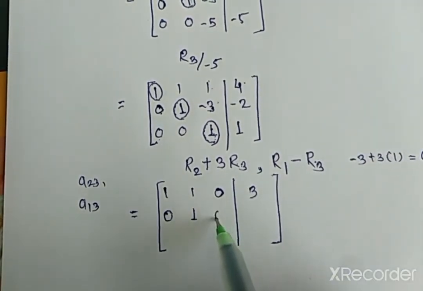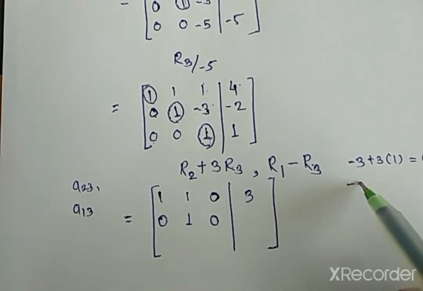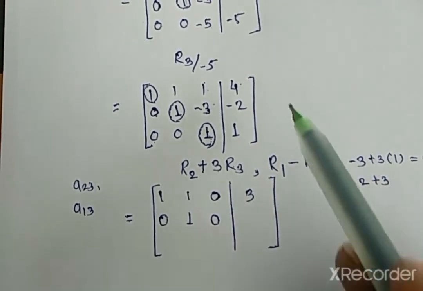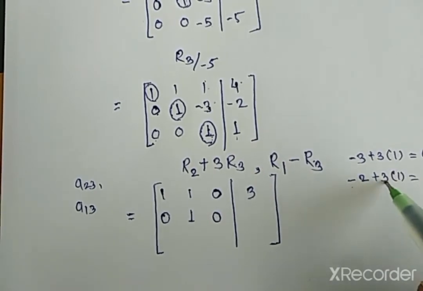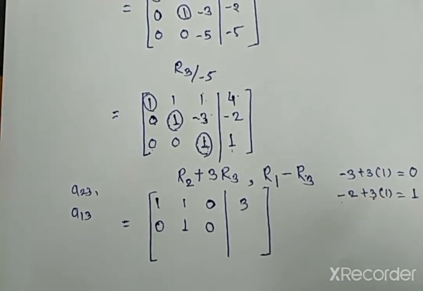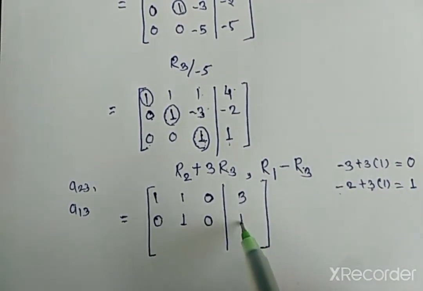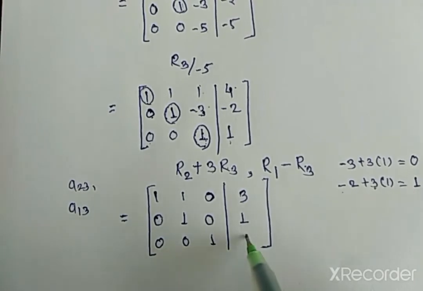Next, minus 2 plus 3 into 1, which gives minus 2 plus 3, which is 1. So here we get 1, and the last row is as it is, 0 0 1 1.